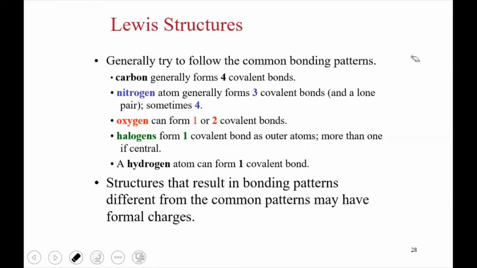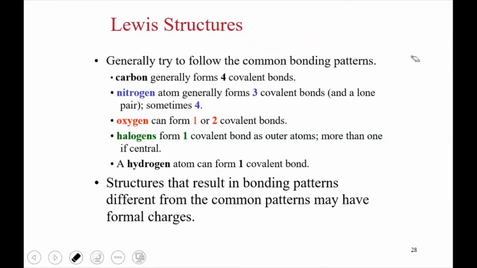Now, be aware that for big atoms like chlorine and bromine and iodine, one of the things they can do is make compounds that essentially don't follow the octet rule. They can expand beyond the octet, and so they can act as central atoms. Fluorine doesn't do it, but chlorine, bromine, iodine, those guys can do it. And in those cases, yes, there'll be more than 1 bond.